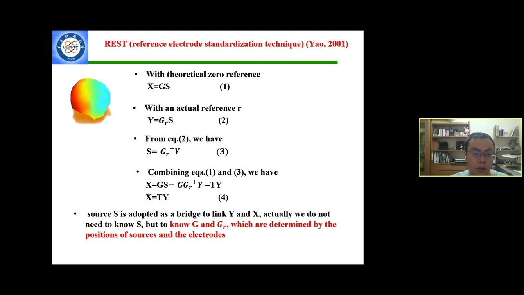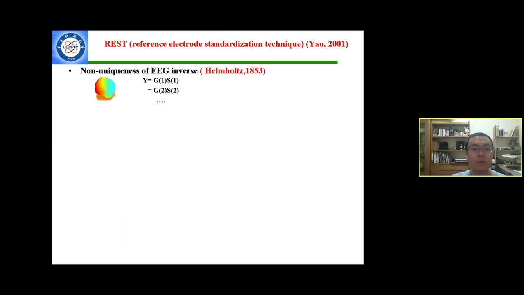That means the source s is adopted as a bridge to link y and x. Actually, we do not need to know s, but to know G and G_r, which are determined by the positions of sources and the electrodes. The problem is that the inverse problem of source is very difficult.